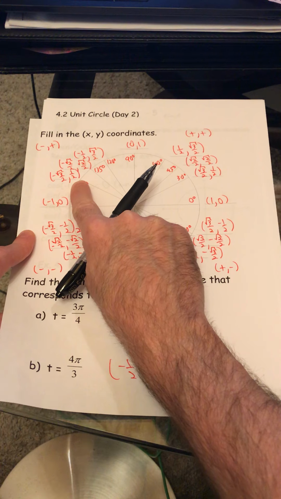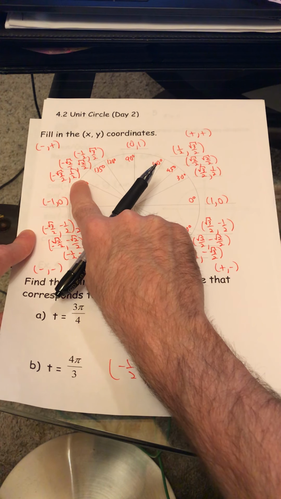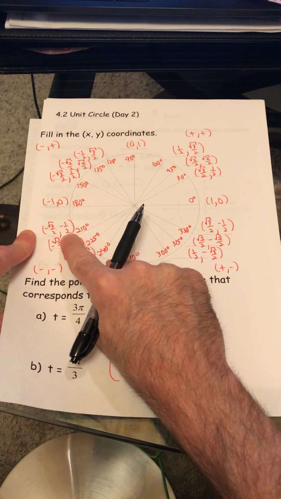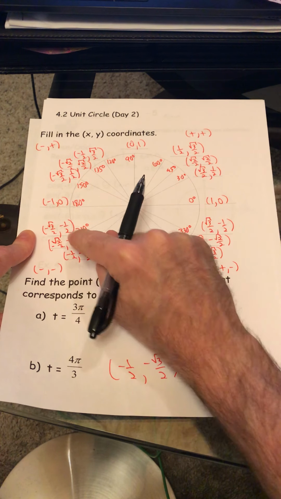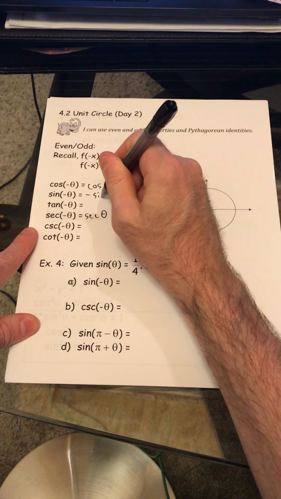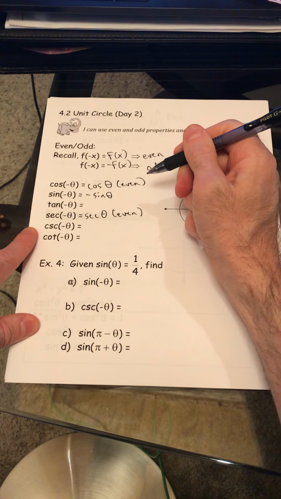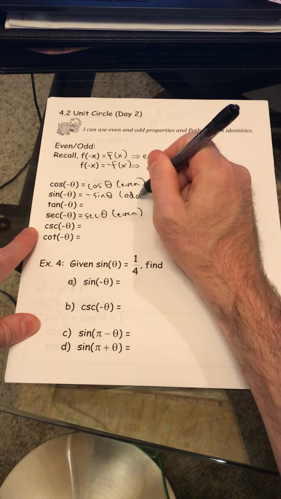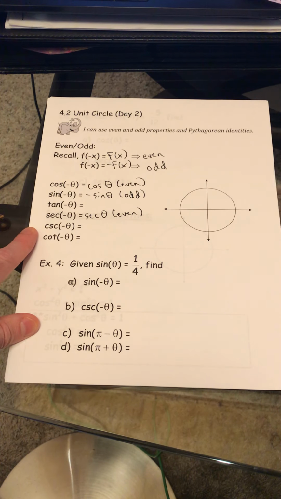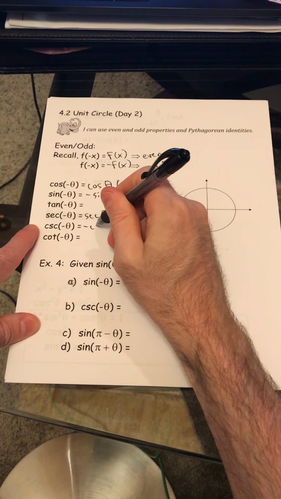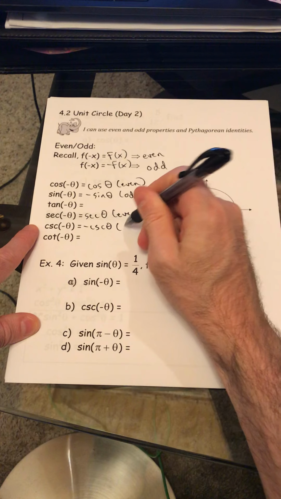At 150, sine is a half. At negative 150, sine is the opposite, negative a half. So sine is an odd function. And likewise, cosecant is as well.